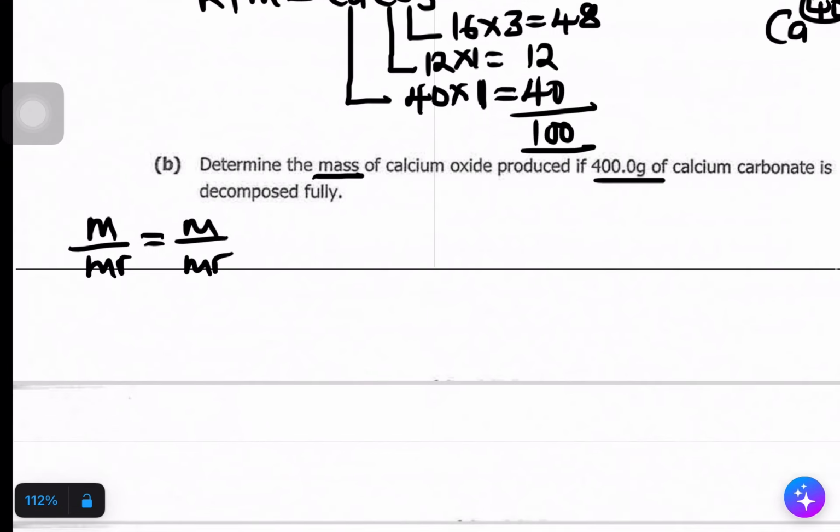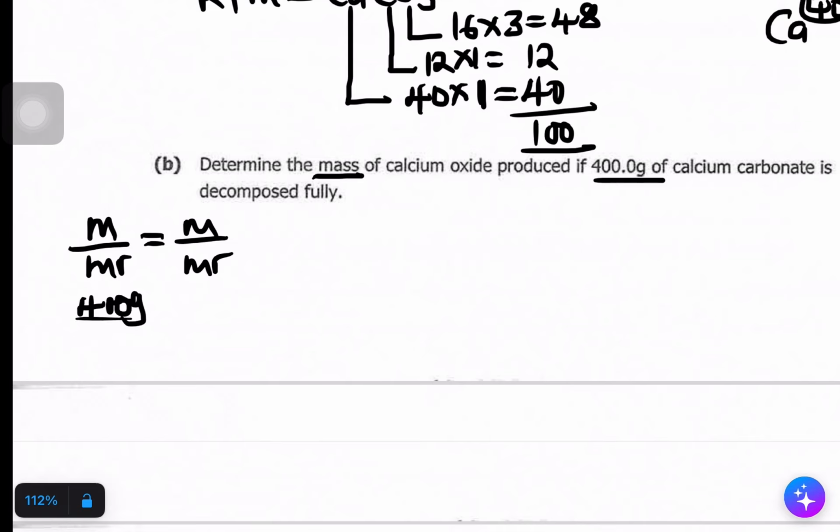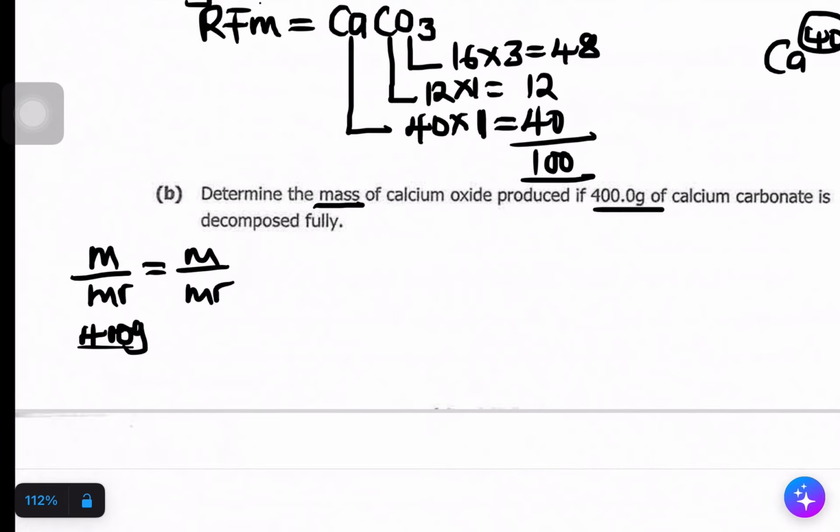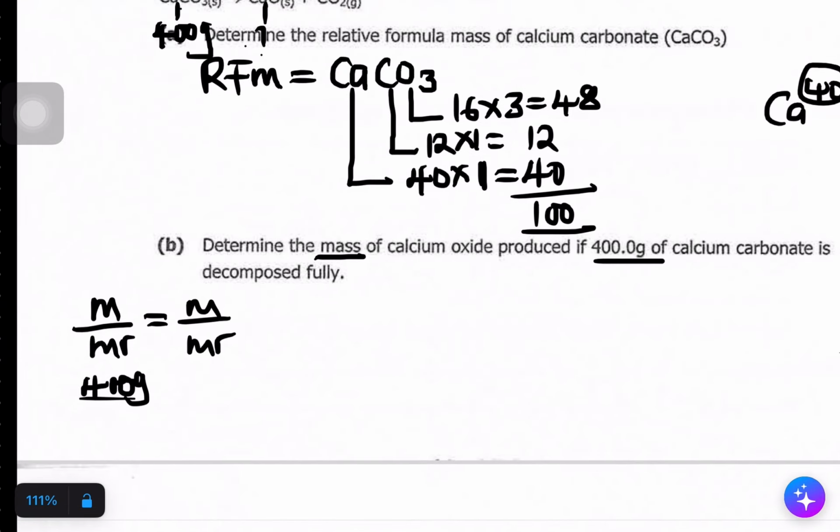Then we see what we are given as its molar mass. The molar mass is the same as relative formula mass, but the difference is that it is measured in grams per mole. So we can take the relative formula mass we have found already.